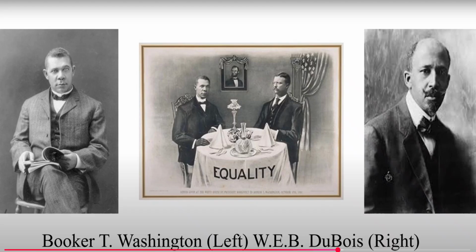In 1895, Booker T. Washington met with white Southern or white supremacist leaders in Atlanta, Georgia, in what was called the Atlanta Compromise. And in Atlanta in 1895, Washington said that he would not challenge the Jim Crow laws, these discriminatory laws in the South. In exchange, white political leaders would do more to protect African Americans from lynchings and other violence.